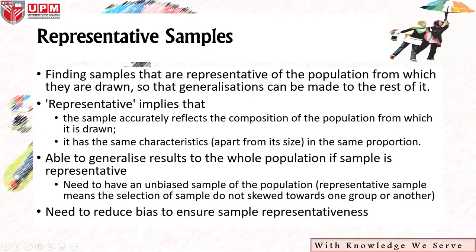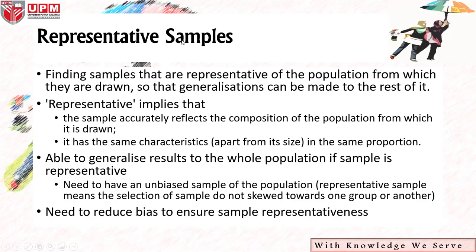It shares similar characteristic. Dia ada karakteristik yang sama. Sampel kita tu punya karakteristik yang sama dengan populasi. So representative sample ni able to generalize result to the whole population. Our finding are able to generalize the result to the whole population if sample is representative.